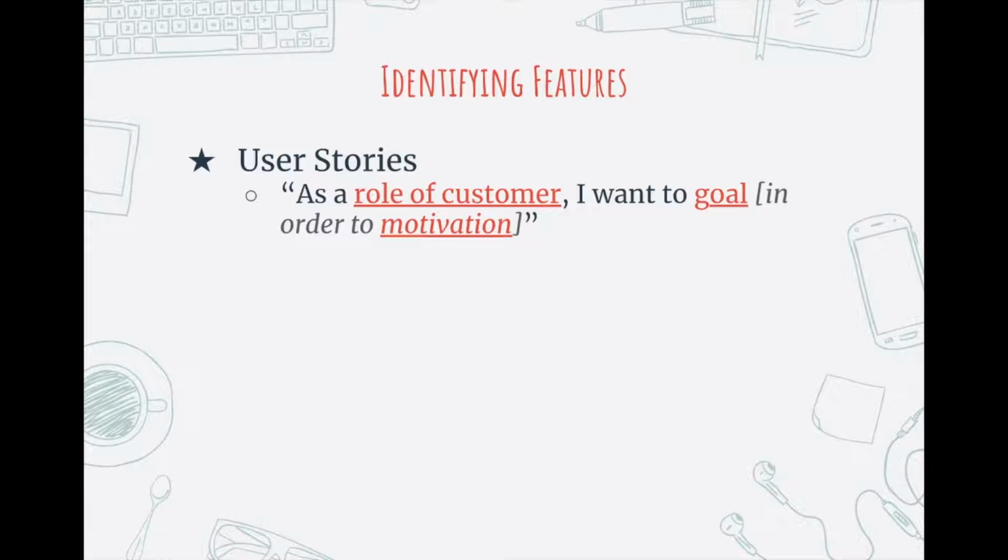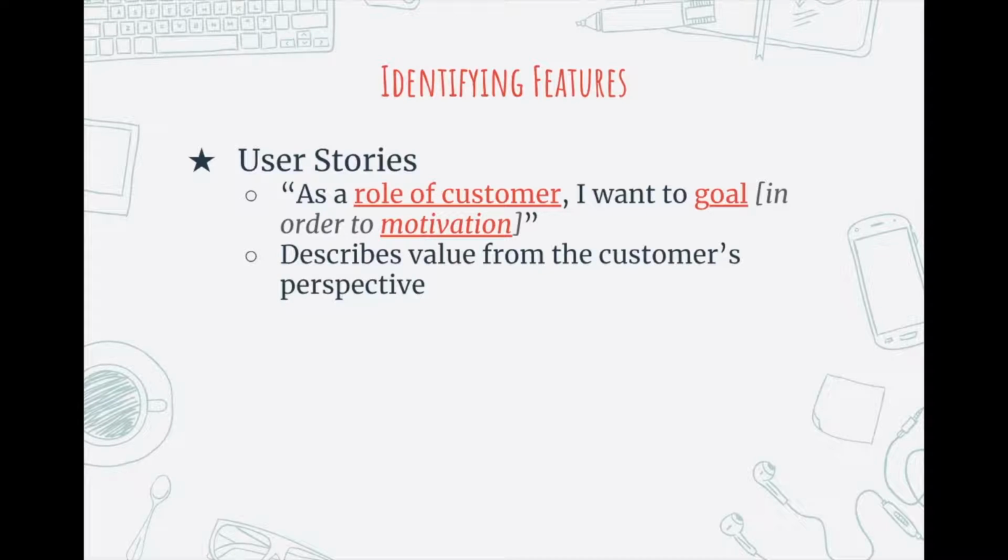And then as an optional point where you could add some more context, you can also define their motivation for that goal. Now, this describes the value from the customer's perspective, not from necessarily the business or the developer's perspectives.